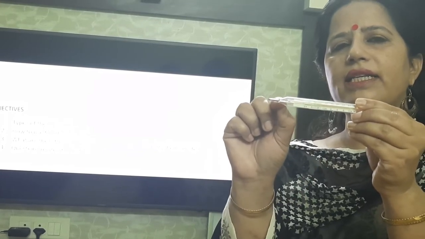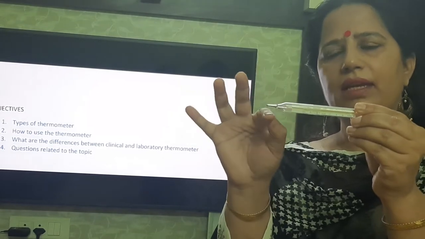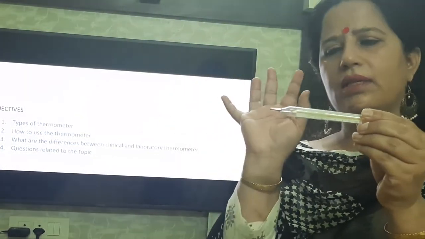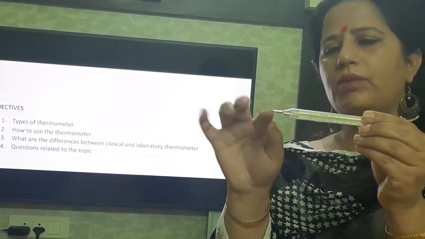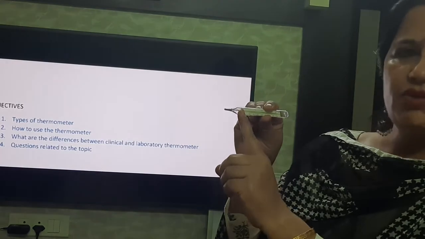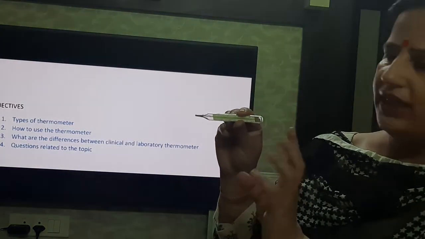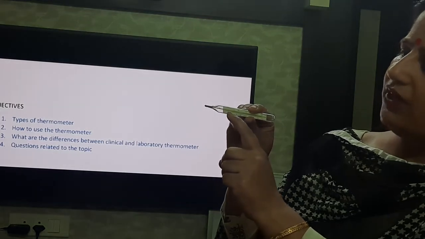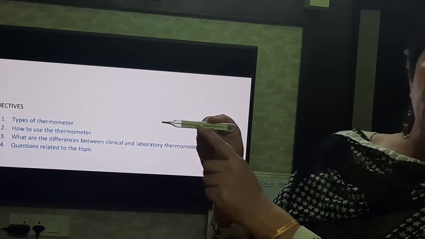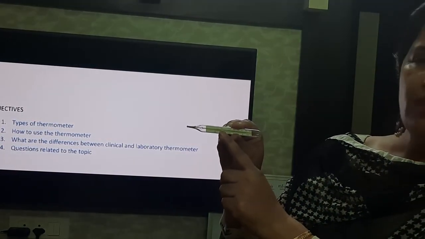Here mercury is filled. This mercury expands when the bulb is put into the patient's mouth, under the tongue or beneath the tongue. So mercury is a liquid metal and it is silver in color and very shiny. So its expansion will be clearly seen in this thermometer, and you will get the reading of the temperature of the human body.